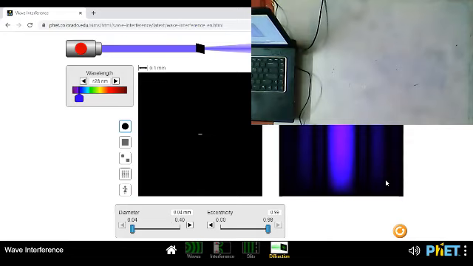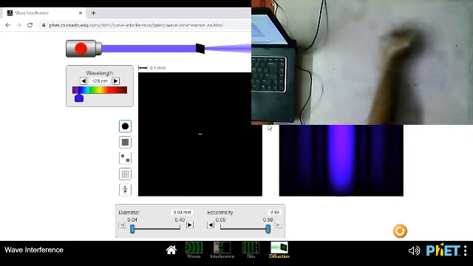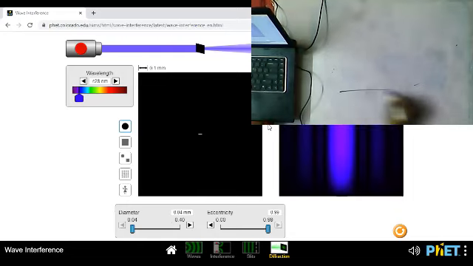you can observe that we are having an experiment. The central one is much more intensified, whereas the side ones are less intensified. So if you draw the graph here, it will be like this.